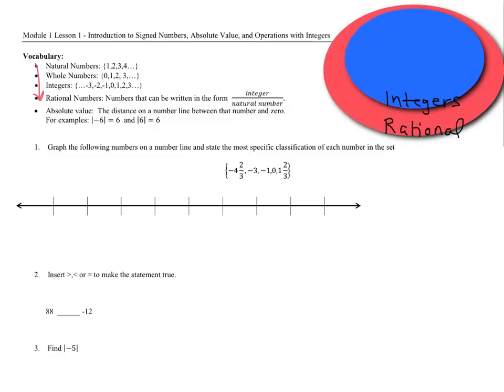All negative and positive whole numbers could be written in the form of a fraction simply by putting them over a denominator of 1. Well then further, within the set of integers, I can then fully contain the set of whole numbers.